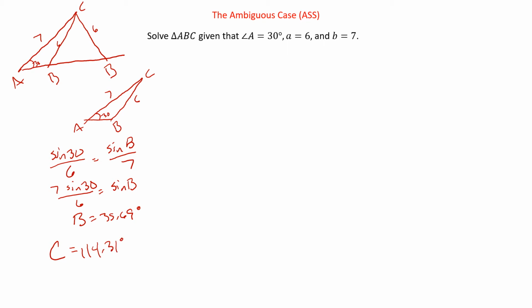And then we can find side C. Side C, we're just going to go C over sine of 114.31 is going to equal 6 over sine 30. So we can multiply.